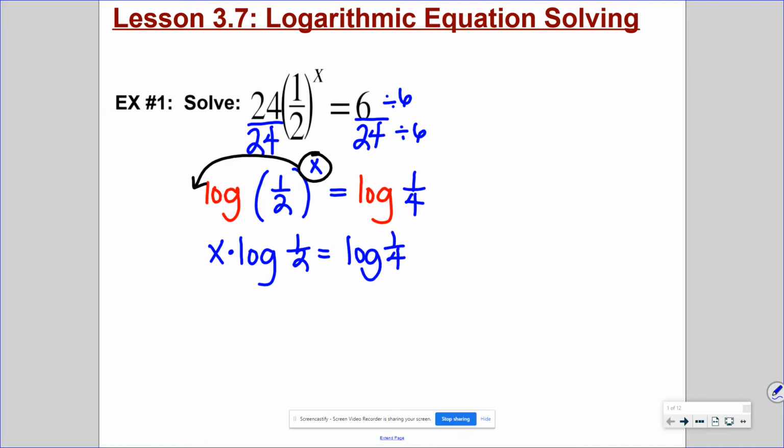And now that the x is not in the exponent anymore, what you can do is divide by log 1/2. And then use your calculator to do the rest. So we want log 1/4 divided by log 1/2. Again, type all this into your calculator and you would get 2.